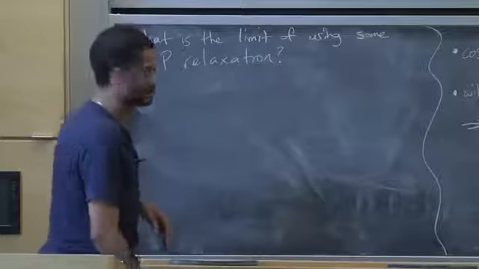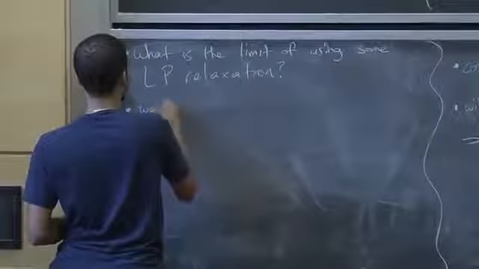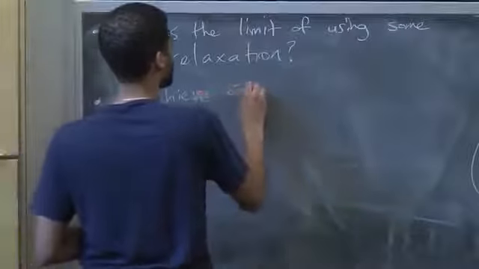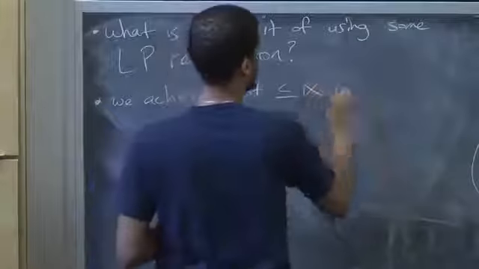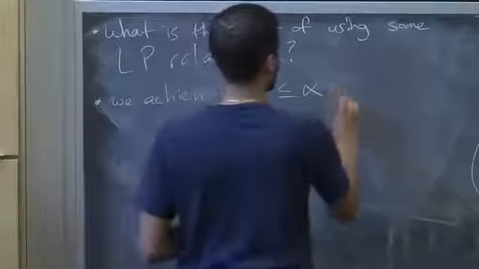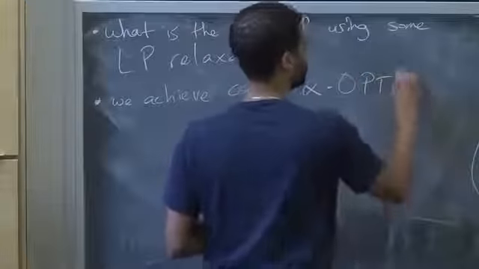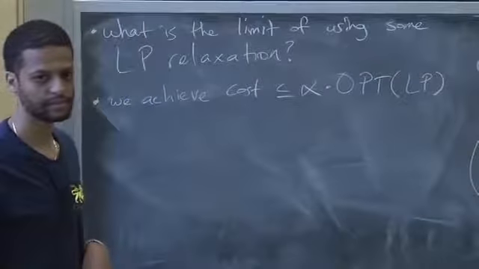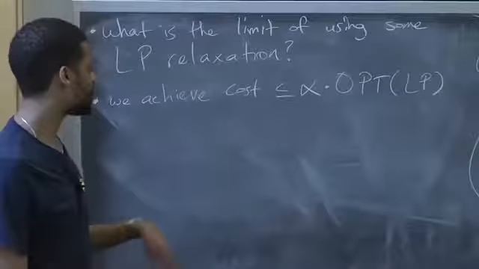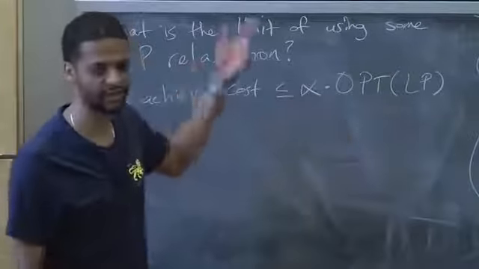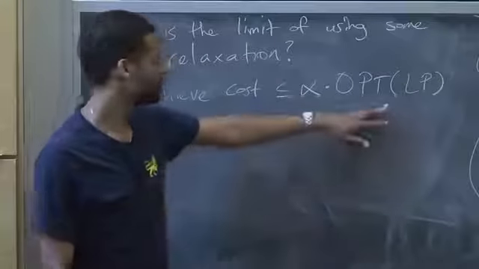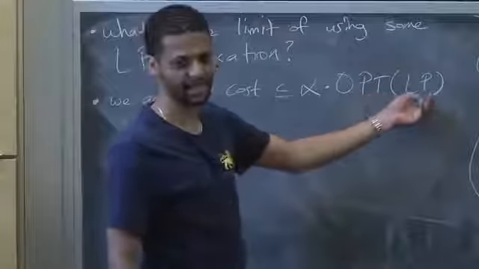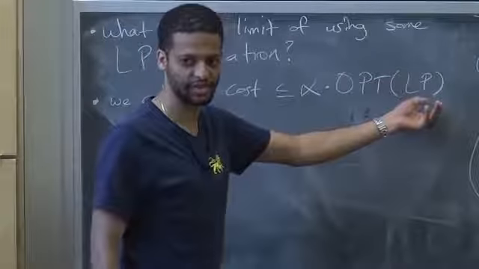Well, so far in our proofs, we say we achieve cost at most some approximation factor alpha times the opt of the LP relaxation. And we can ask ourselves, can we improve alpha from log n to root log n or to a constant or something? But what if there is an inherent gap between the opt of the LP relaxation and the opt of the original integer program?